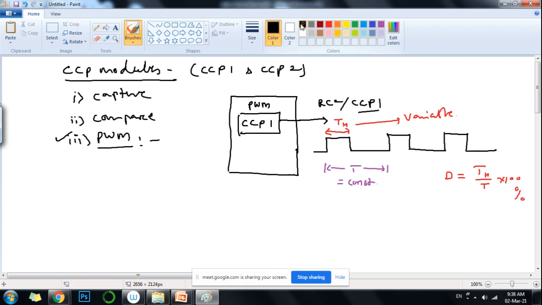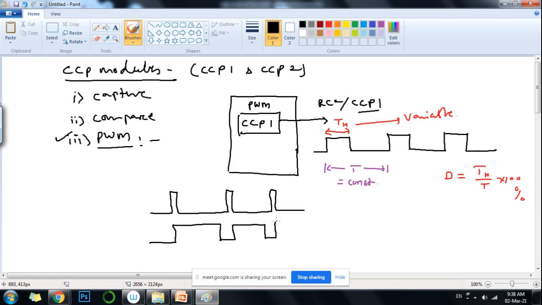Okay, and therefore your output at this pin may be like this. It may have small TH at one end. At the other end it may have large TH. So that is how this TH will vary. This T will remain constant.